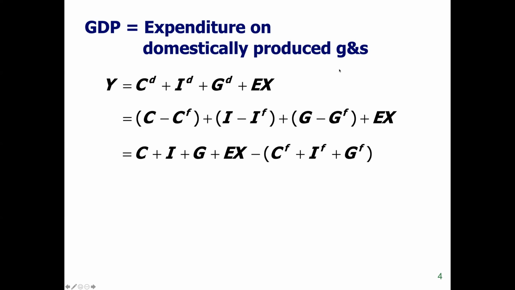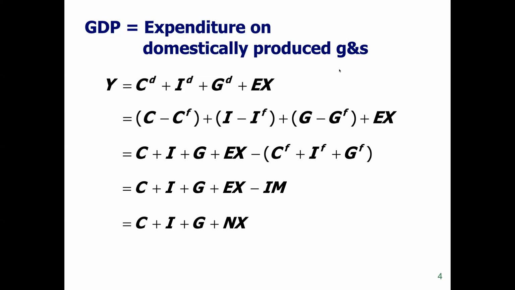And when we do that, you can see that you're really adding exports and then subtracting imports. So as we talked about early on in the semester, we're subtracting imports because we never should have included them in the first place as part of gross domestic product. But when we're doing C plus I plus G, we are including imports, so we have to take them back out.